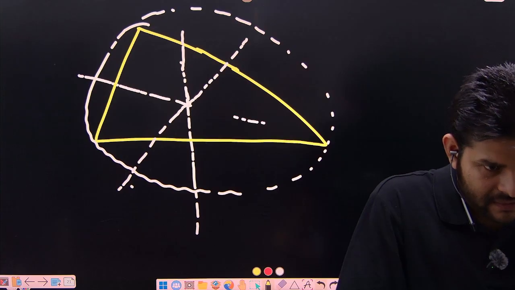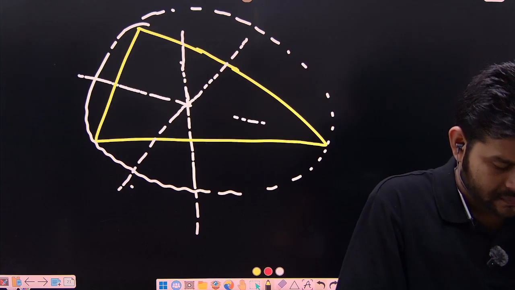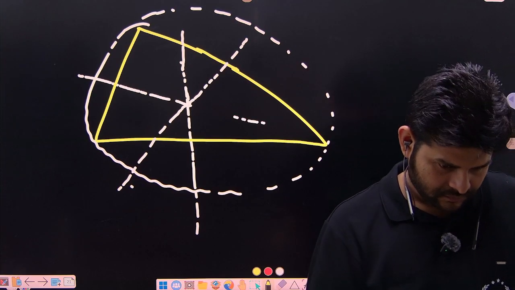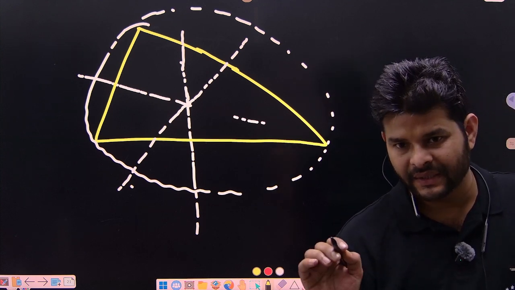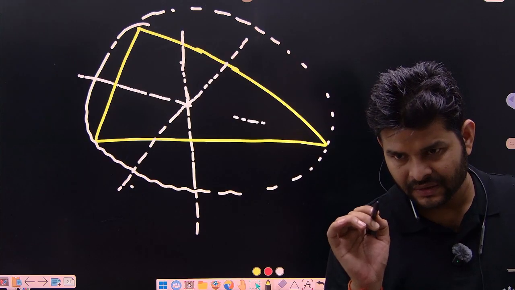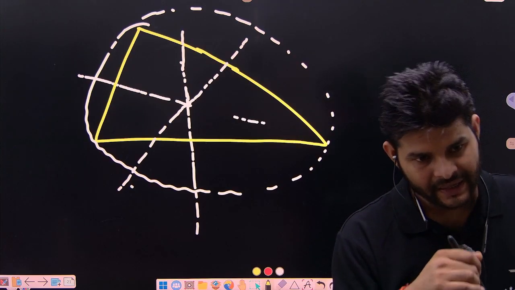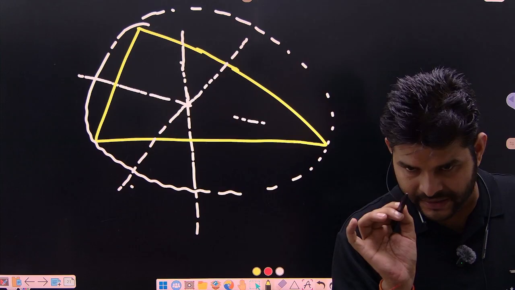सेंटर की बात हो रही है, सेंटर की. सर्कम सेंटर जो है वो ट्राइंगल के अंदर भी हो सकता है, ट्राइंगल के बाहर भी हो सकता है, और ट्राइंगल की साइड्स पे भी हो सकता है.